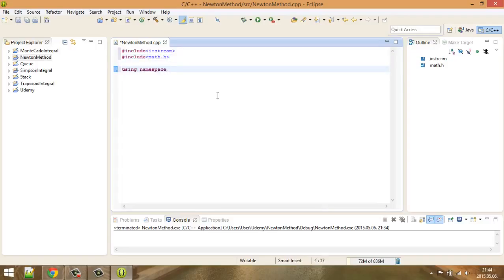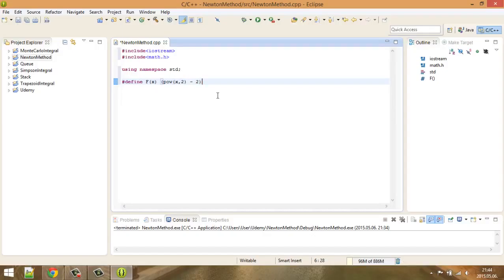We are going to use the standard namespace, and I'm going to define the f(x) method, which will be, for example, the power of x to the 2.